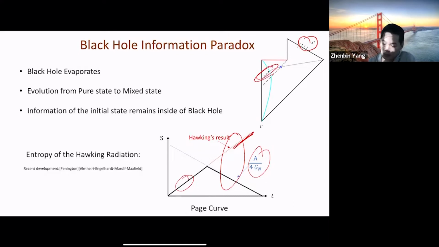Here I draw an illustration of the Hawking partners, and at a later time, the interior volume of the black hole grows, and so you can have more Hawking excitations inside the interior than the Bekenstein-Hawking bound.